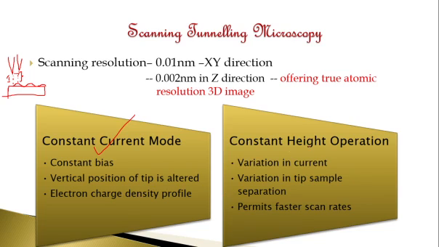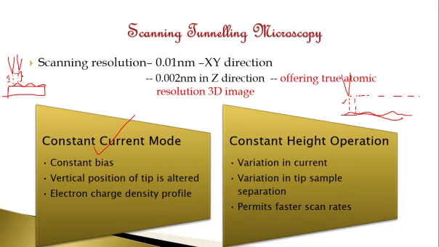In the constant height mode, the vertical height of the tip is not altered. So every time it is moving along this horizontal line, the height is maintained, but the surface would have top and trench features. Based on that, the current measured will be more over a top than when measuring a trench.